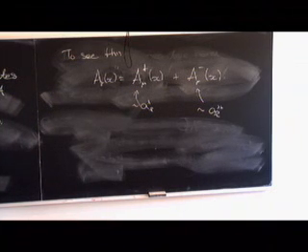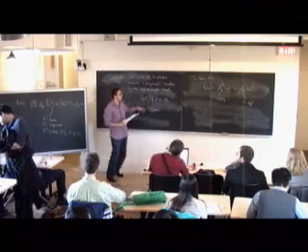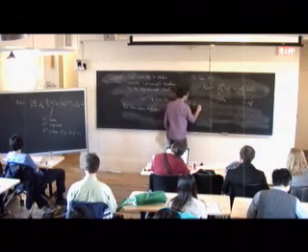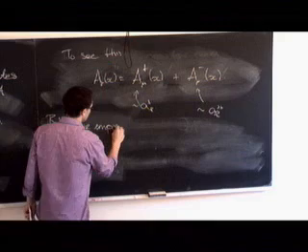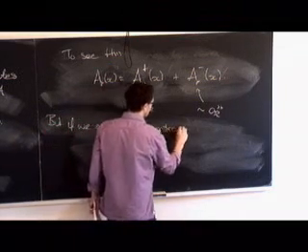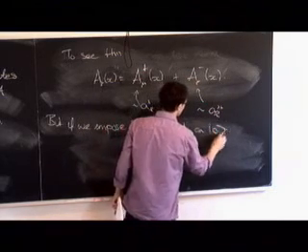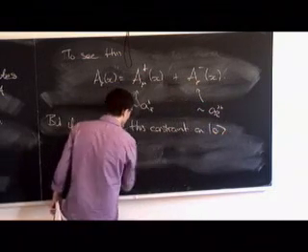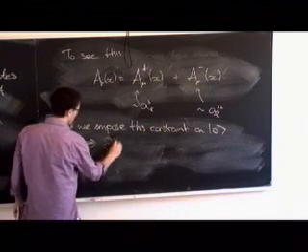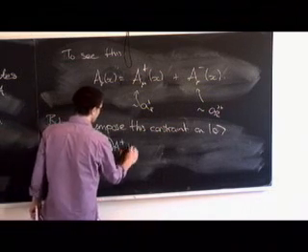So why is this too strong? Well, let's look at this on the vacuum. If you impose this constraint on the vacuum, well, the first guy kills it immediately.